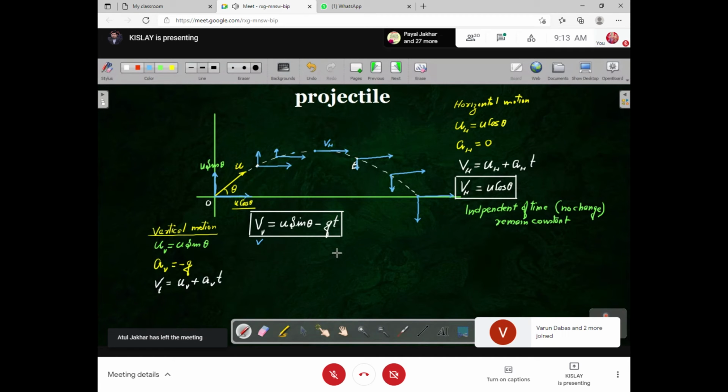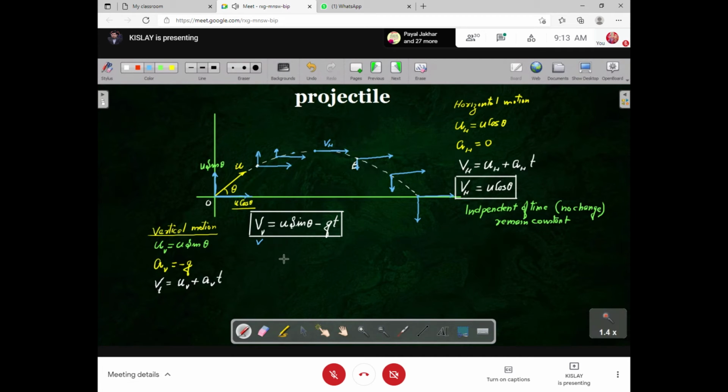At any instant of time, if someone wants to find the net velocity, then V net at time t will be V horizontal i cap plus V vertical j cap.